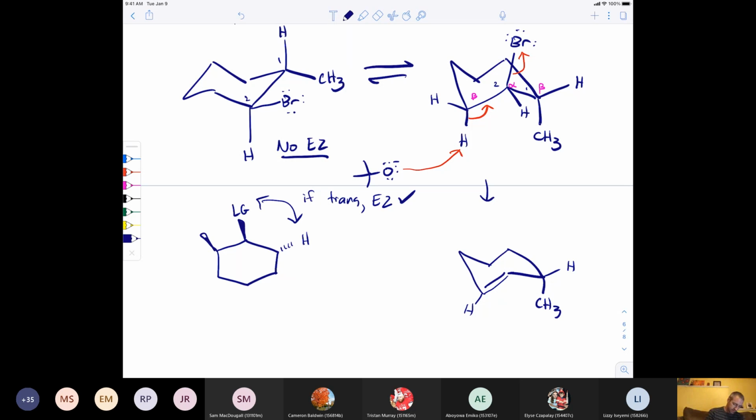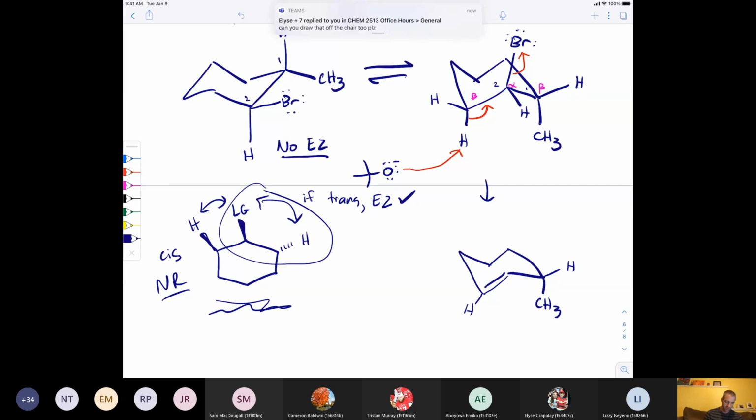If they're cis, no reaction. Because if they're cis in this form of the structure, when you put them in a chair, you're not going to be able to arrange them so they're both axial. You can't make them anti to each other. Only the ones that are trans, like these two, will react. And if you recognize that, sometimes you can do these questions.